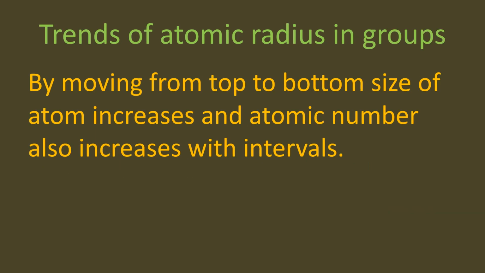Trends of atomic radius in groups. Groups are vertical columns. Moving from top to bottom, the size of an atom increases and atomic number also increases, but here the atomic number is increasing with intervals.